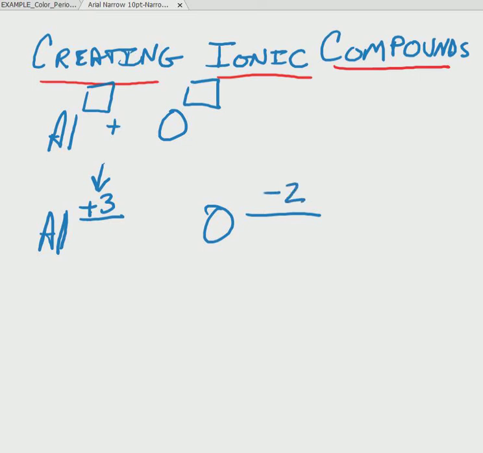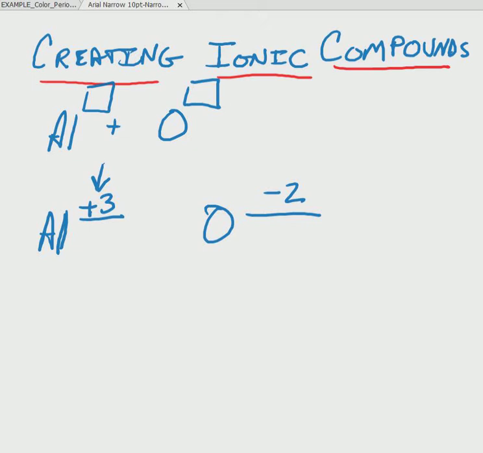Now, there's all sorts of ways that professors teach you. I'm going to teach you the easiest way, because the rest of the stuff is for organic chemistry, for advanced chemistry.